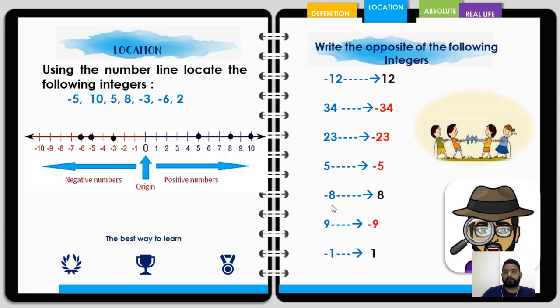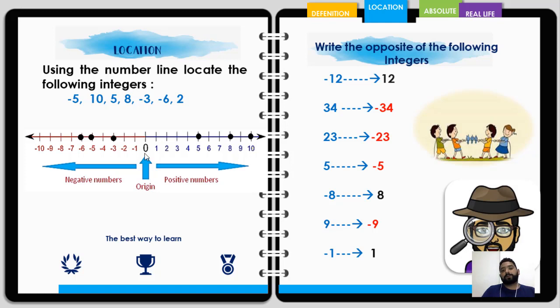The opposite is going to be the same number but with a positive sign. Or for example, you can relate it to black and white. What is the opposite of black? It's white.